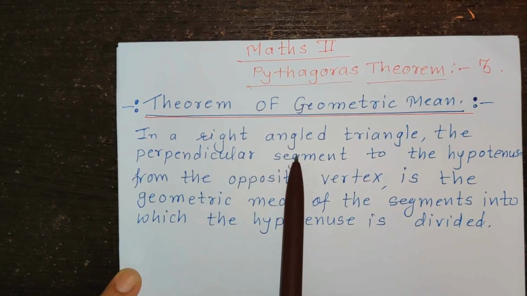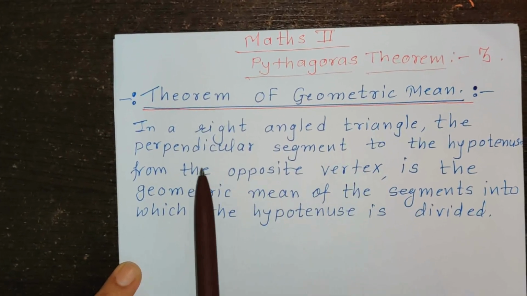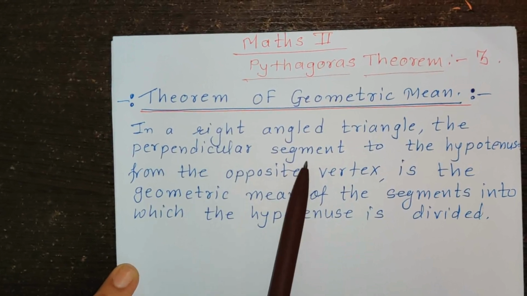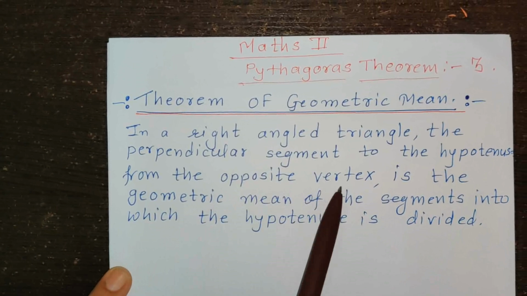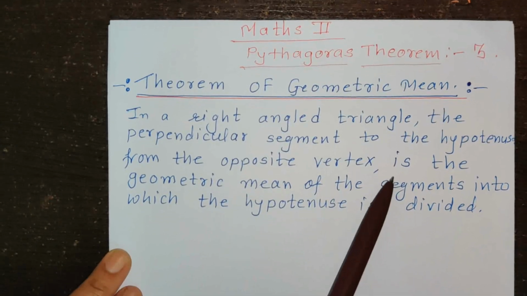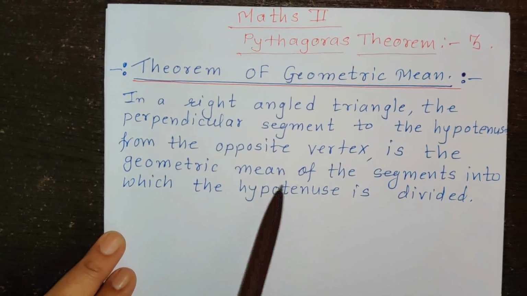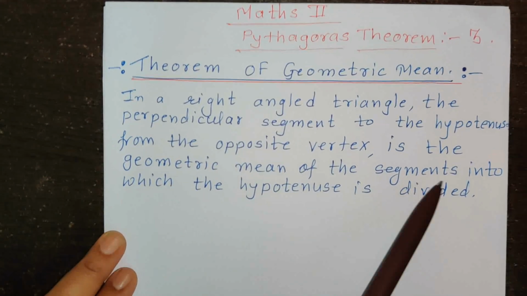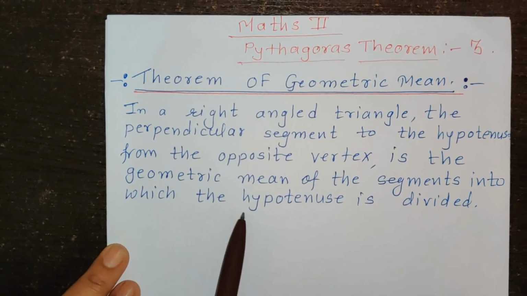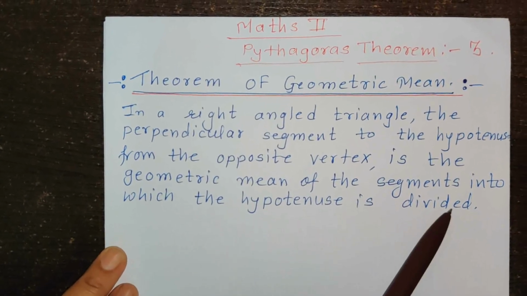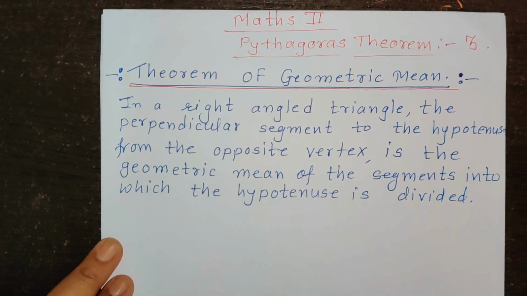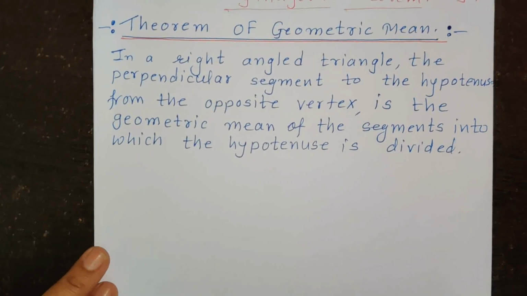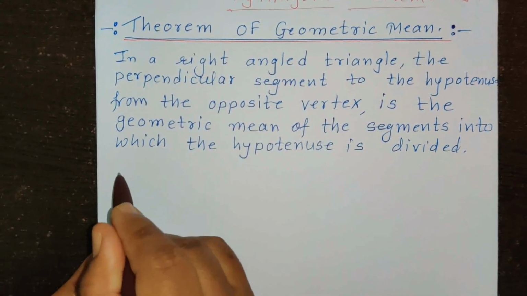In a right angle triangle, the perpendicular segment to the hypotenuse from the opposite vertex is the geometric mean of the segments into which the hypotenuse is divided. You will understand this statement if I draw the diagram. So first I will draw one diagram.